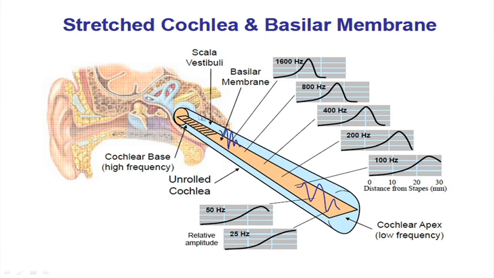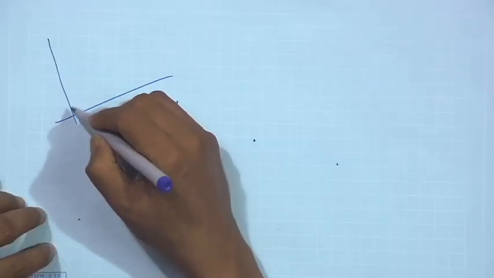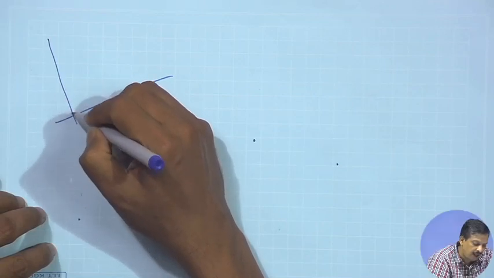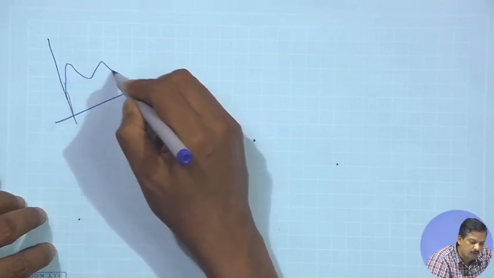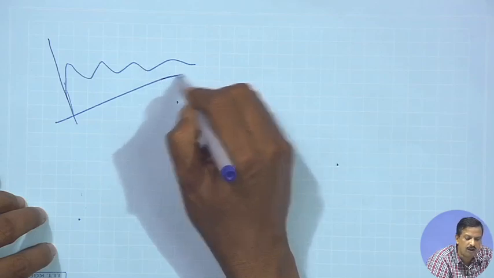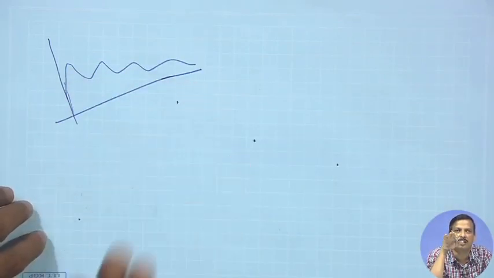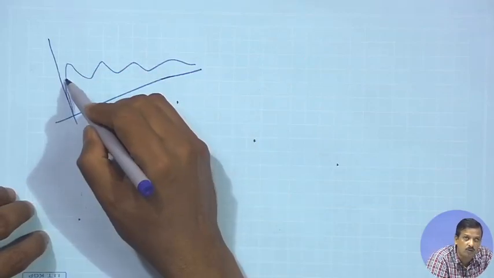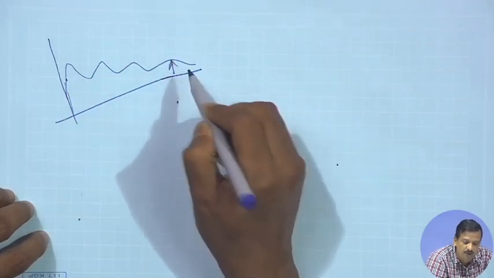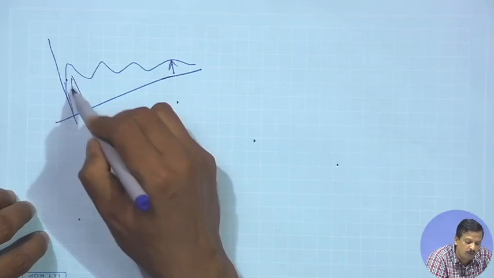Why? Because on the speech production side, due to the radiation load, the low frequency signals have high amplitude compared to the high frequency. So the acoustic wave, which is the speech wave that is coming, has high frequency components with less amplitude compared to the low frequency sound.